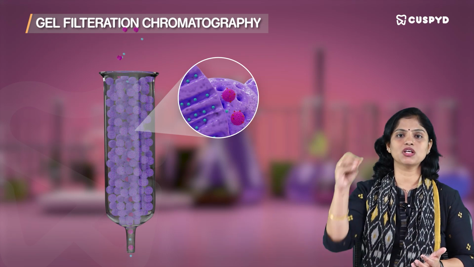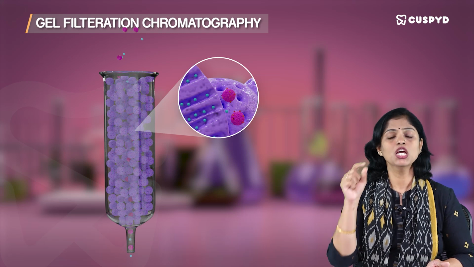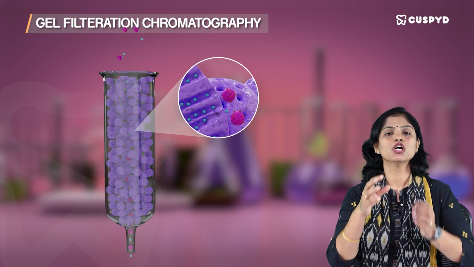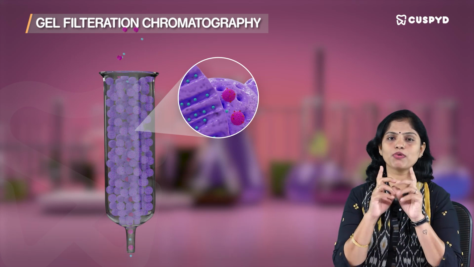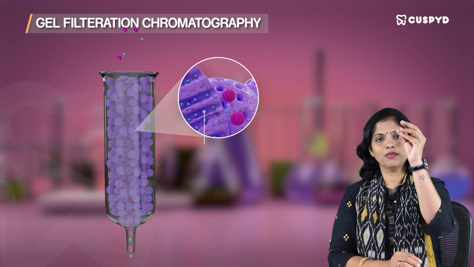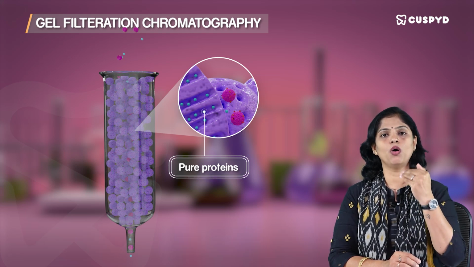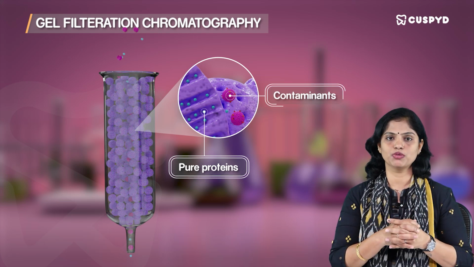That's exactly what is done in gel filtration chromatography. You choose a matrix which has an exclusion limit for your compounds. Suppose you are separating a protein solution, and the protein that you need has a lower molecular weight, and all the other contaminants have larger molecular weight.